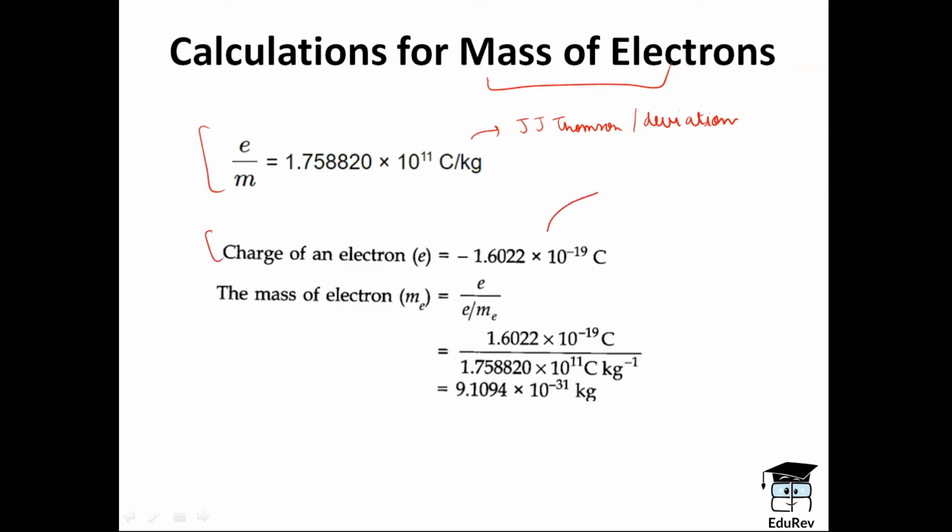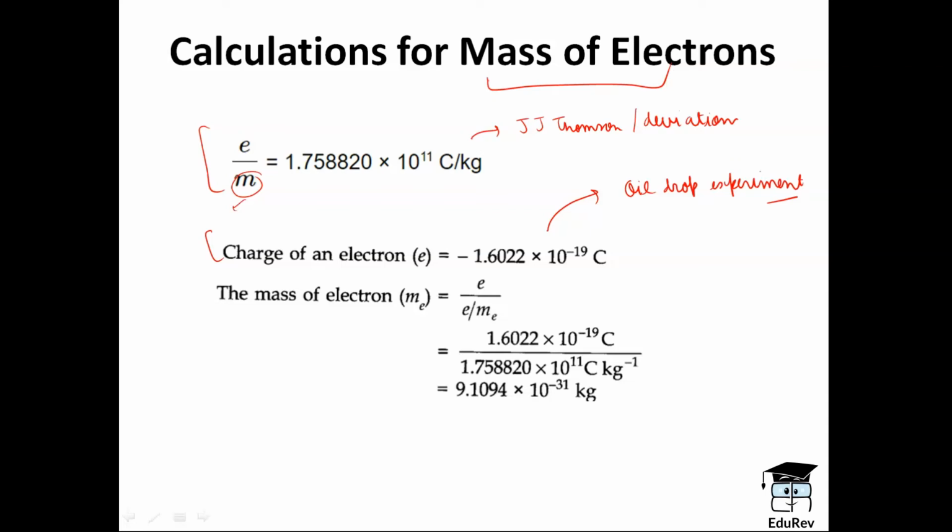We were able to calculate the charge of an electron. Who calculated it? Millikan calculated it with the help of the oil drop experiment. So how were we able to calculate the mass of an electron?